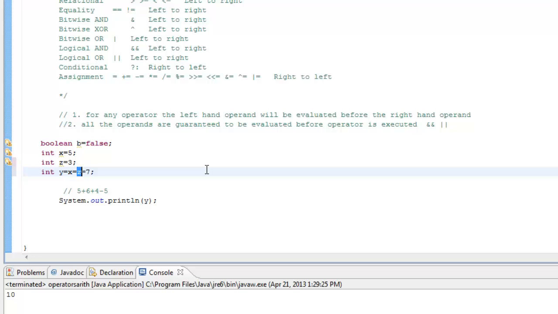So in this case z is assigned 7, then z is assigned to x, and then x is assigned to y. So this is in the form of this sort of grouping. As you can see, this is evaluated from right towards left.